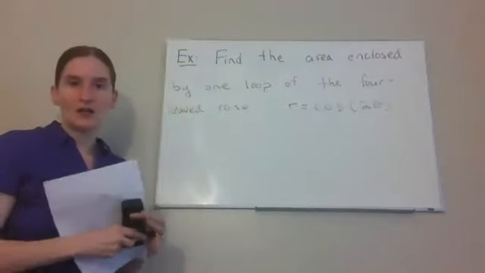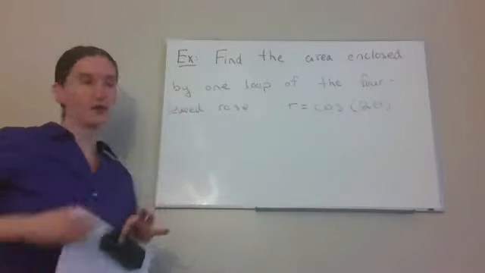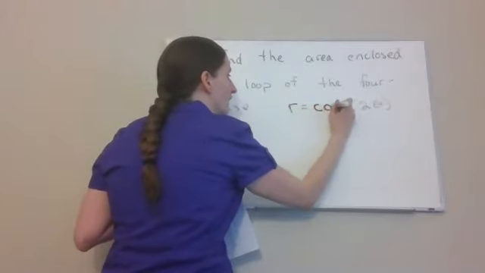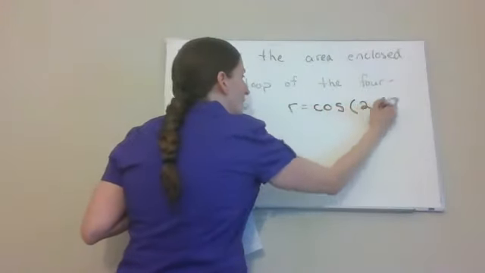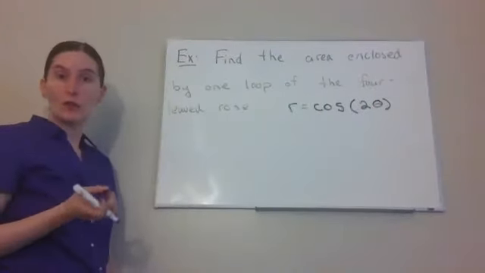That r equals cosine of 2 theta, that's that same curve that we graphed earlier. Our 4-leaved rose.